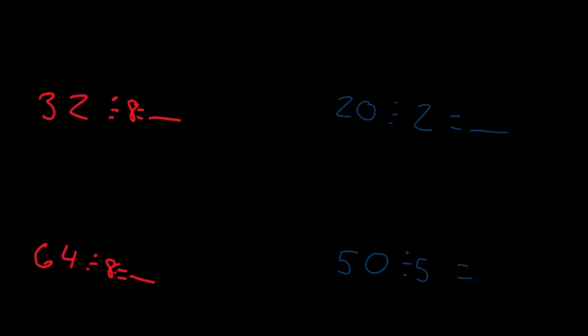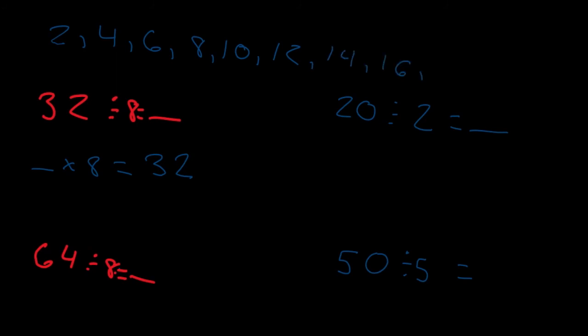Okay, time for the next problem here. 32 divided by 8. Well, I'm going to put the blank number times 8 equals 32. So let's see. Let's go with the 2 table first. So then 2, 4, 6, 8, 10, 12, 14, 16, 18, 20.